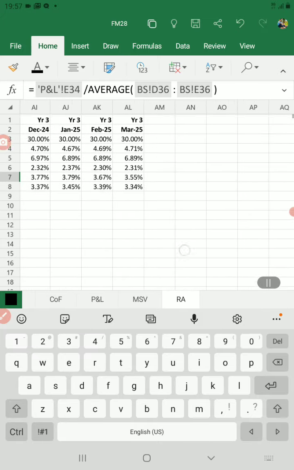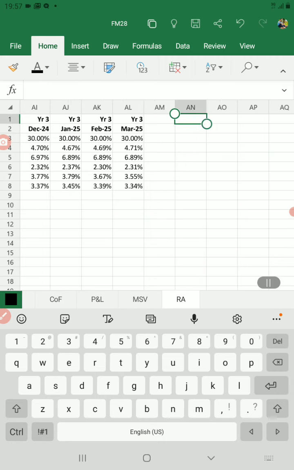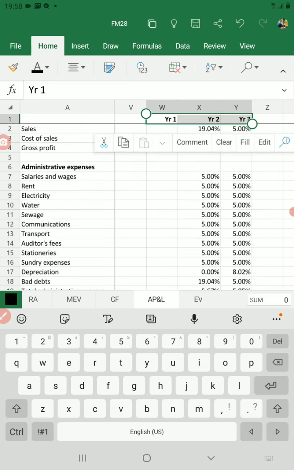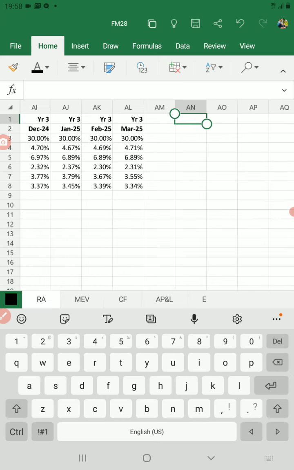So let me go to the annual sheet, annual profit and loss. Copy these here, 1, 2, and 3. So I copy that and go to our ratio analysis sheet and paste them there. So we are doing the same now, but in this case it is for annual instead of monthly.